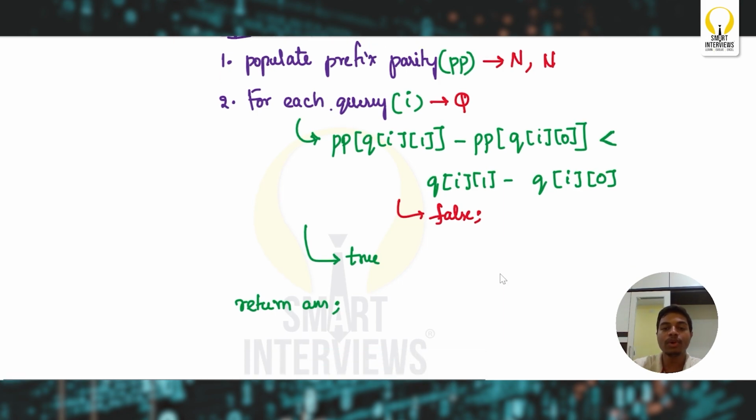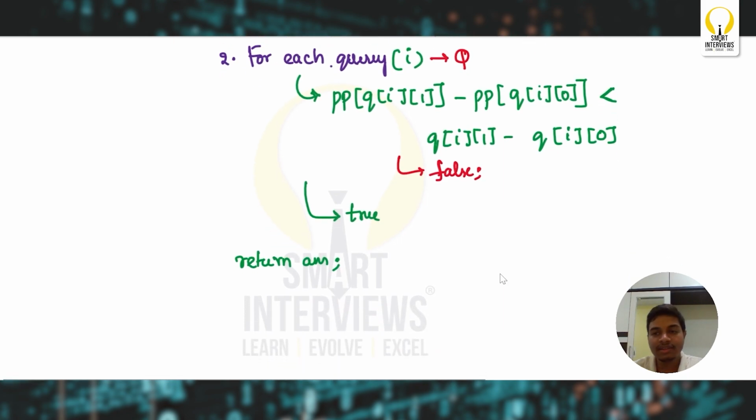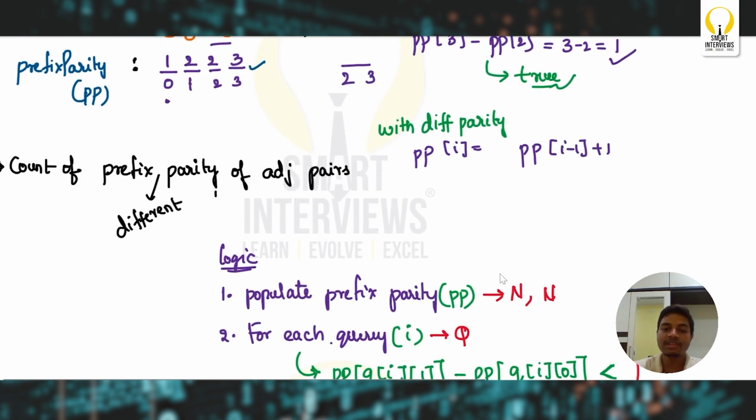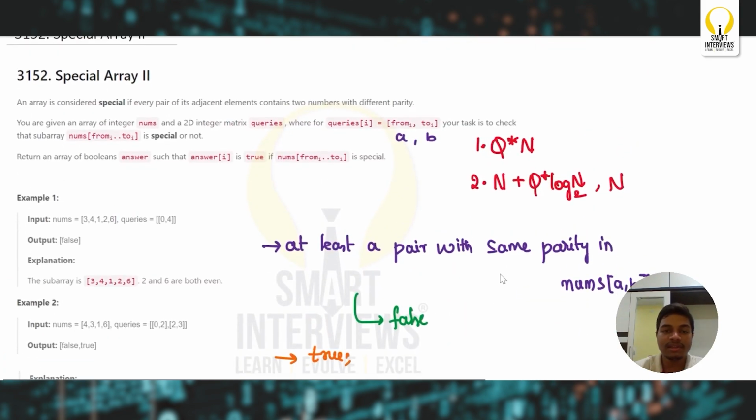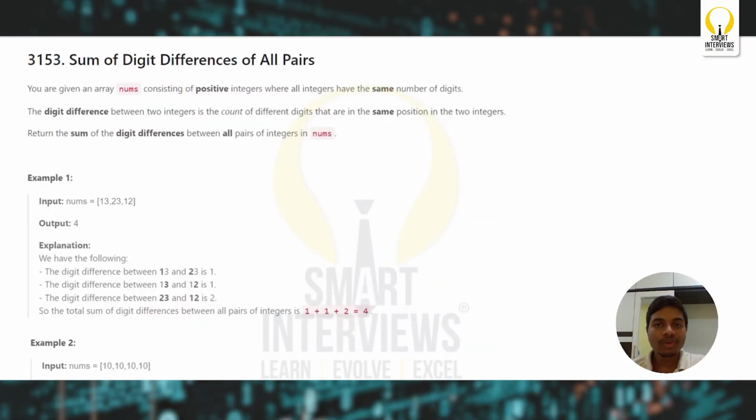And how much does it take? This is going to take constant time. So the overall complexity of this third solution is slightly optimized compared to the previous one, that is n plus q comma n extra space. I hope that is clear. Moving to the next problem.